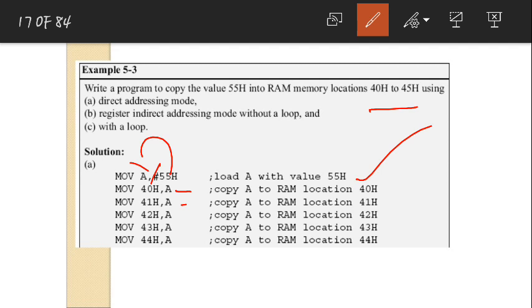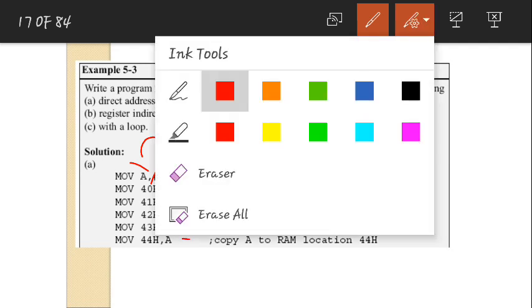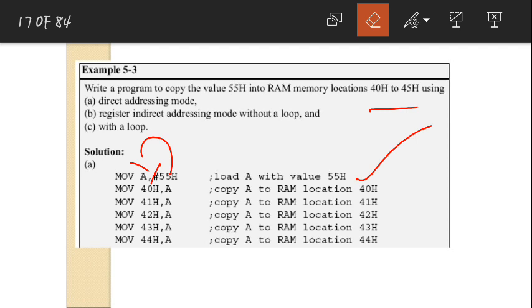Instead of writing 55 all the time, I am just moving the 55 into A, then I'll move this A into 40, copy the content of A into 41, copy A to RAM location 42, copy A to RAM location 43, then 44 and 45. Okay, is that fine? So generally he has taken here only up to 44.